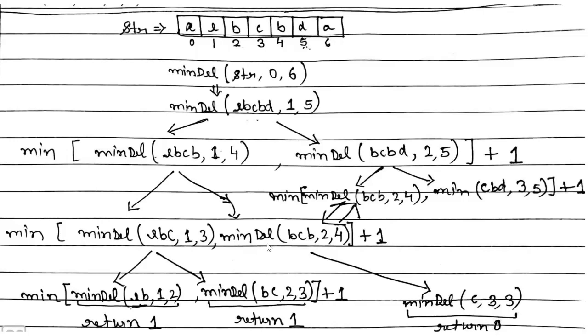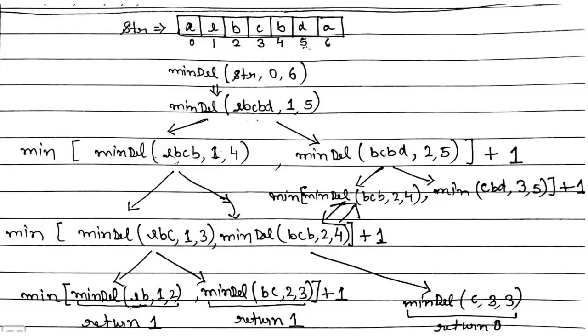So the answer to this subproblem, that how many characters do I need to delete to convert BCB into a palindrome, it is 0. So min of 2 and 0 would be 0, and I would be adding 1 to it. So the answer to this subproblem EBCB is 1. And why is it 1?